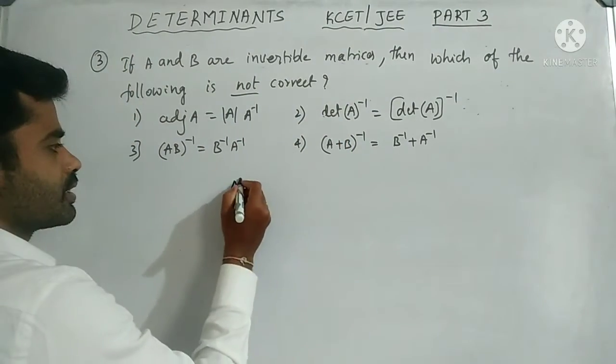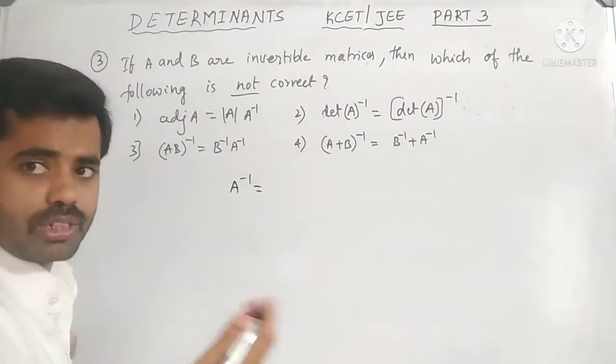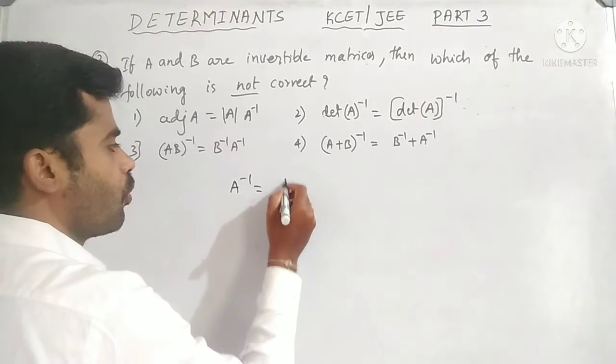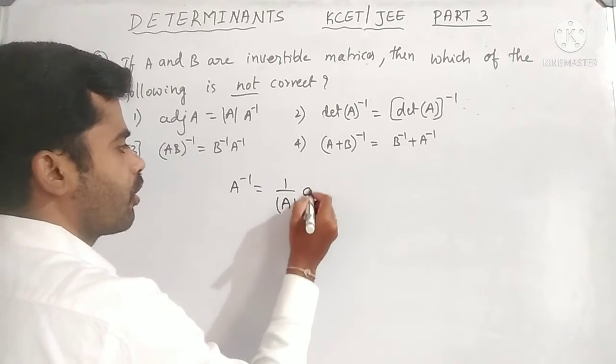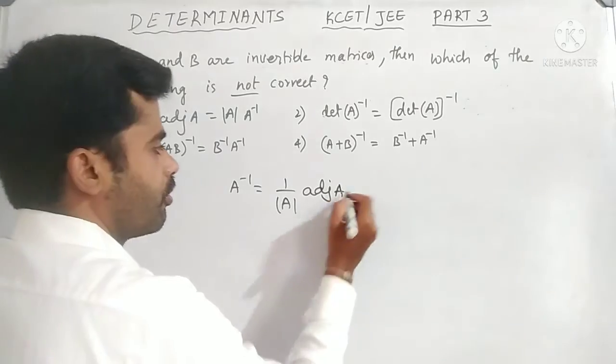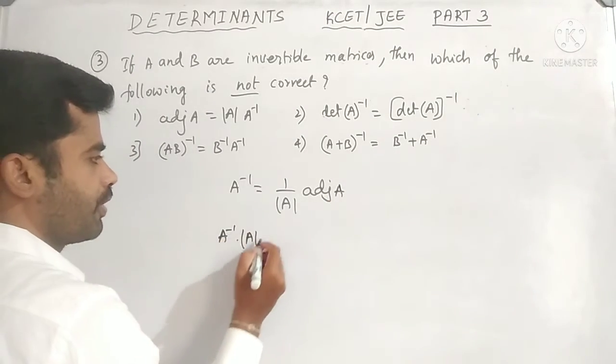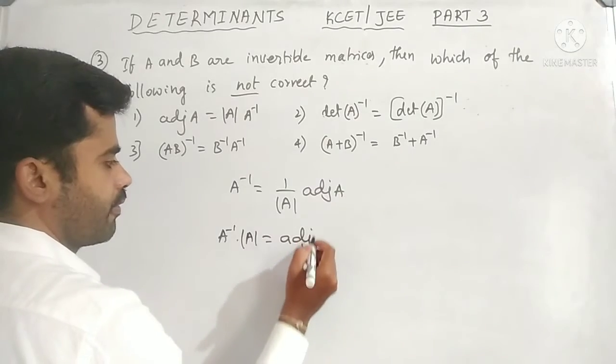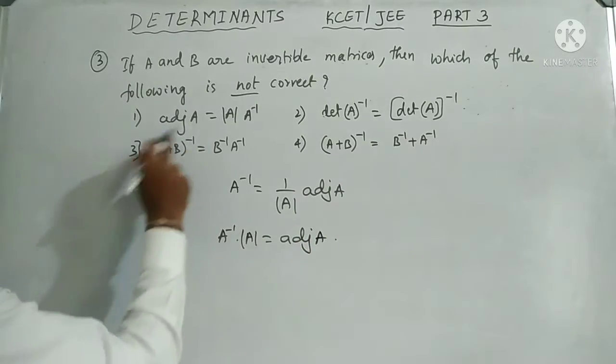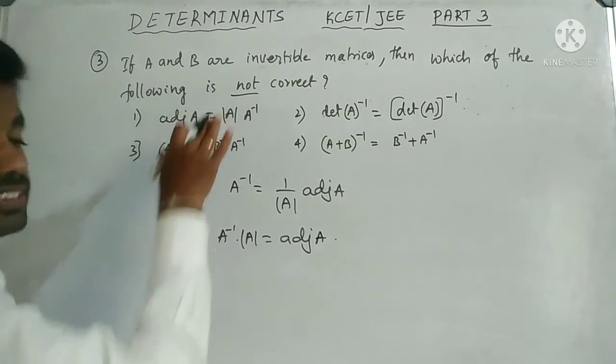Now, we know the formula to find A inverse: A inverse is 1 by determinant of A into adjoint of A. From this, A inverse into determinant of A is equal to adjoint of A. Yes, this is right, and they are asking for the one that is not correct.